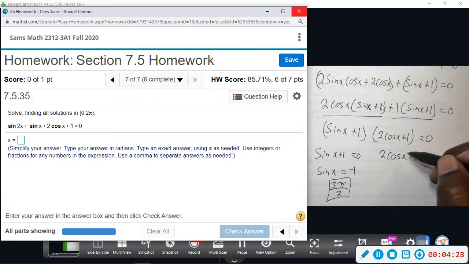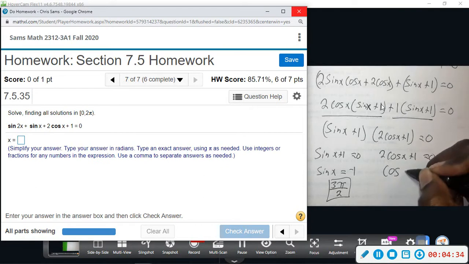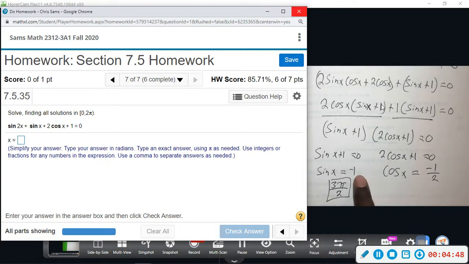And then subtract 1, divide by 2, so we'll have cosine x equals -1 over 2. And we've seen this several times. This happens twice on the unit circle. When the x value is 1/2, that is at pi over 3 and 2 pi over 3.